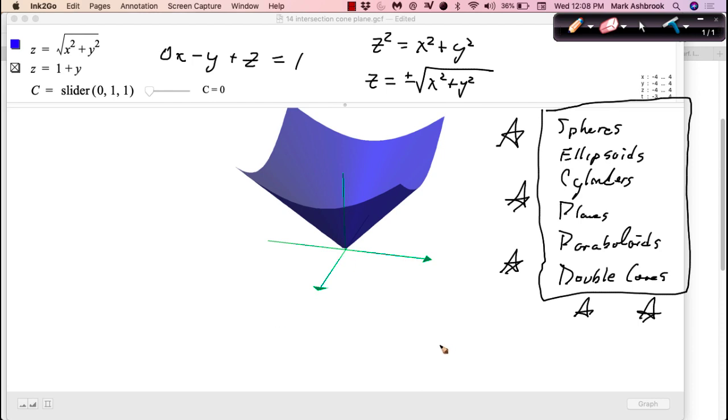Better? Cool. All right. When we take this plane z equals y plus 1 and intersect it, what do you think we're going to get? What would you get for a constant z value?